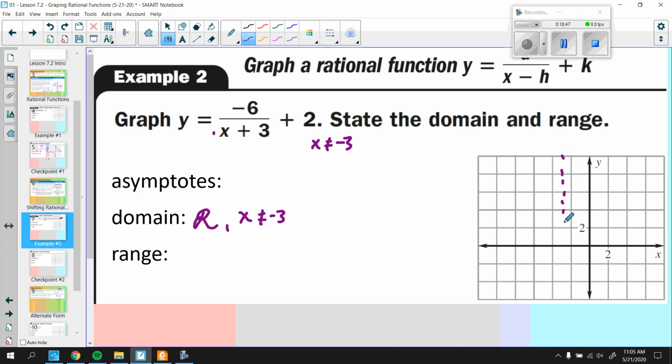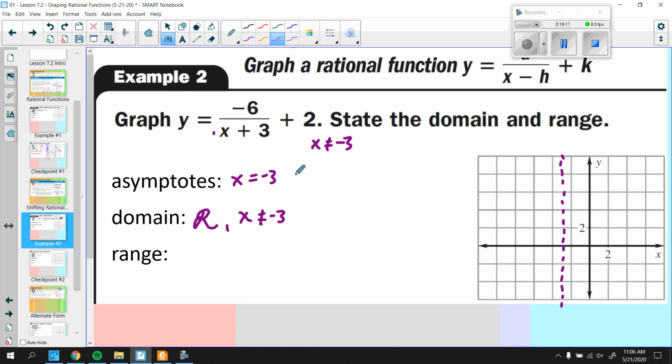It's a lot harder than you think. I end up with this vertical asymptote at x equals -3. So asymptote x equals -3. And there's the connection: we can't plug in a -3, therefore you get an asymptote at -3.